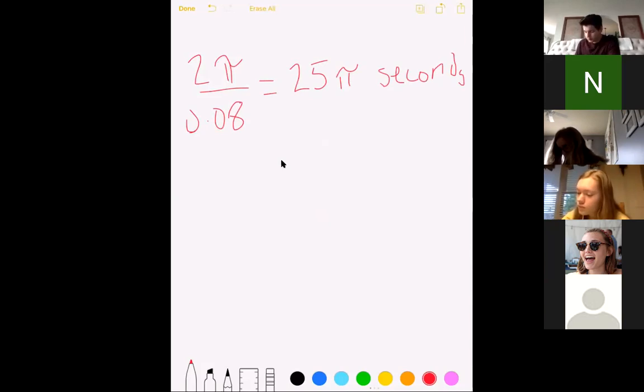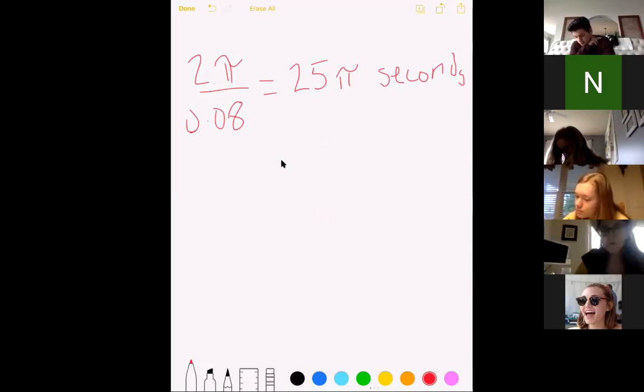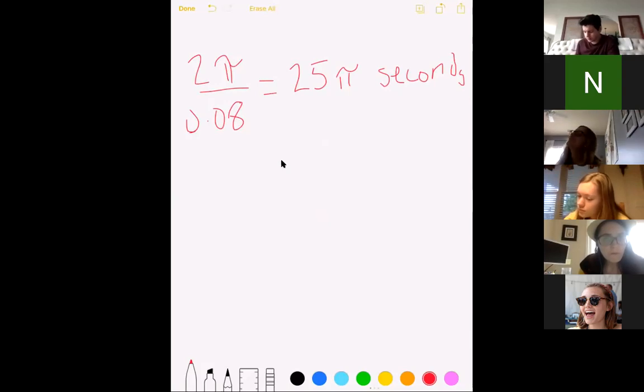Okay. Part B asks what is the length of the track? What is the length asking us for? I feel like it would be the amplitude, but that doesn't make sense. It would be the amplitude. If it doesn't make sense to you, it has to do with the amplitude.